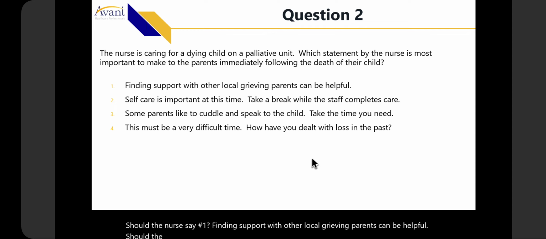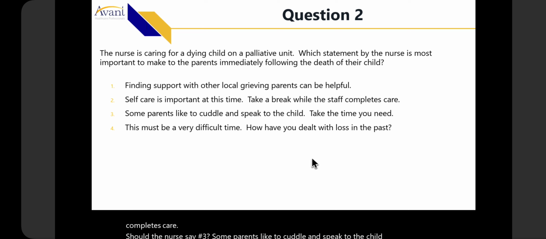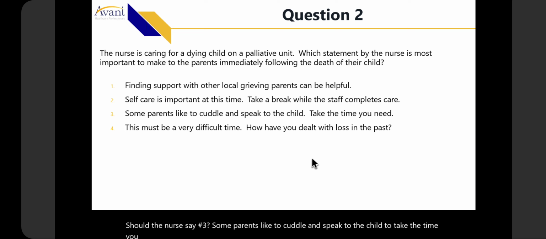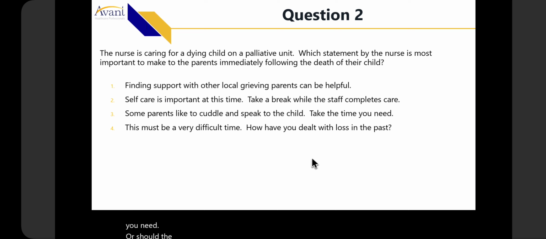Number 2, self-care is important at this time. Take a break while the staff completes care? Number 3, some parents like to cuddle and speak to the child. Take the time you need? Or number 4, this must be a very difficult time. How have you dealt with loss in the past?